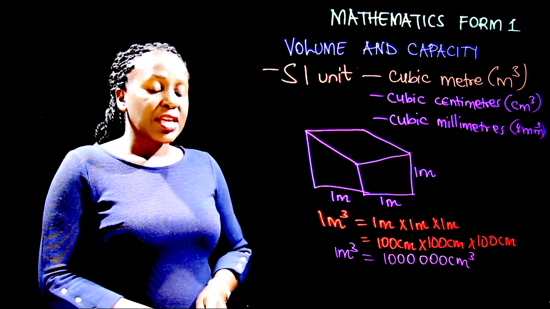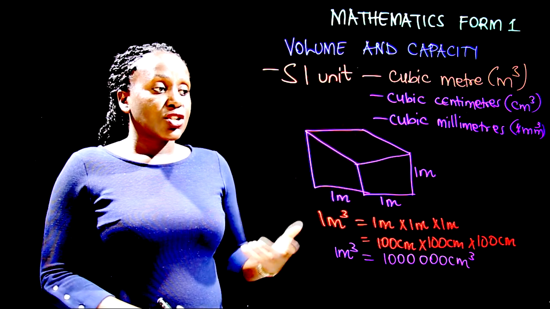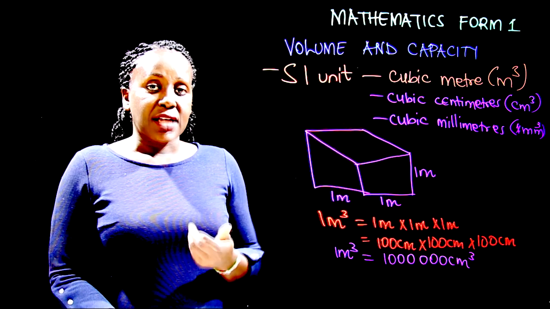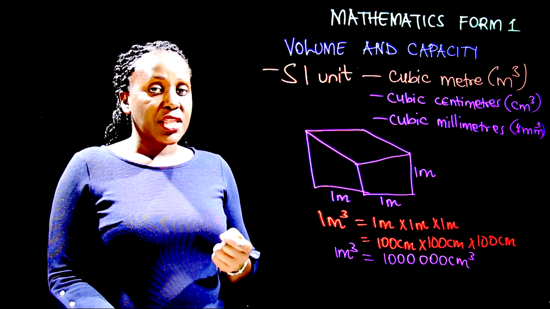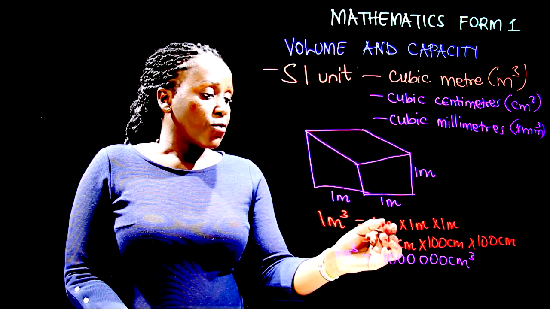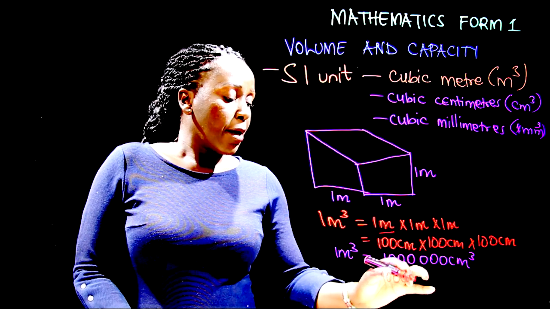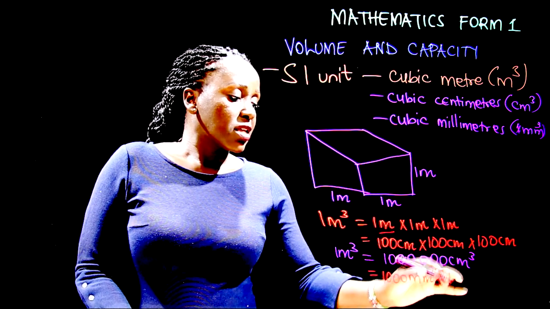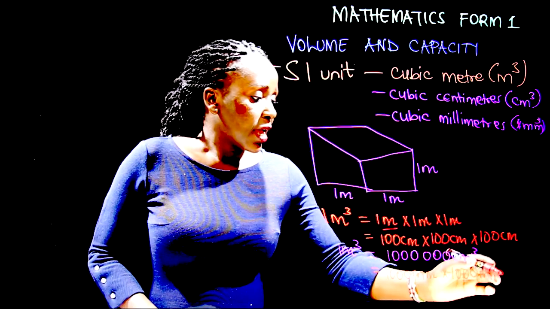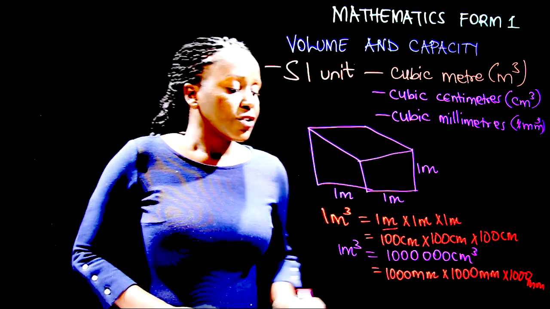Now what about millimeters cubed? From length, we learned the relationship between a meter and millimeters. 1 meter is equivalent to 1000 millimeters. So in place of 1 meter, we have 1000 millimeters times 1000 millimeters times 1000 millimeters.